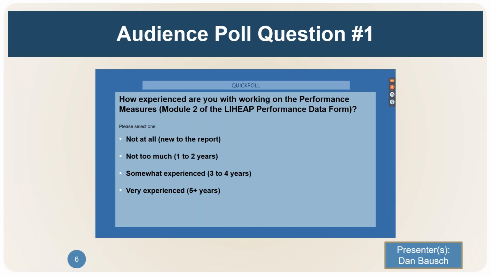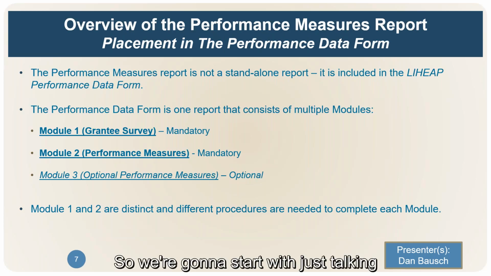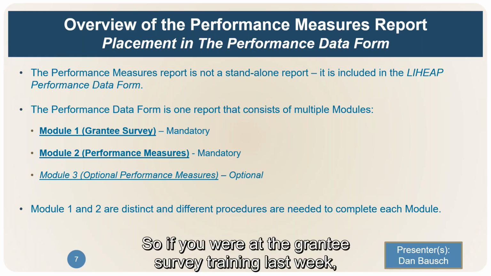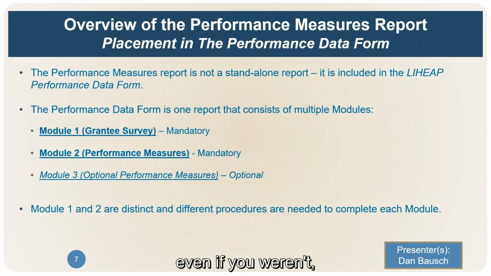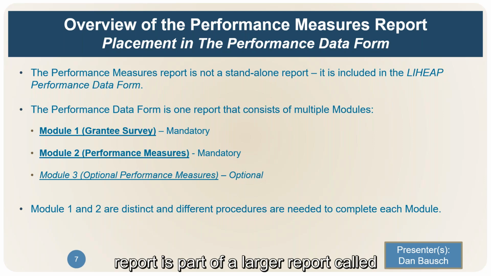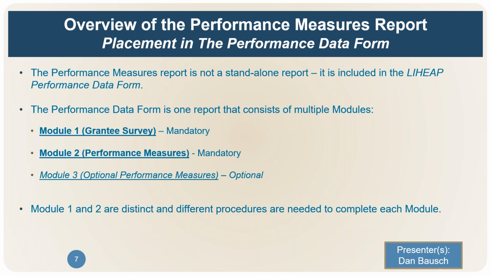All right, so we're going to start with just talking about where the performance measures fits. So if you were at the grantee survey training last week, even if you weren't, it's important to remember that the performance measures report is part of a larger report called the LIHEAP performance data form.